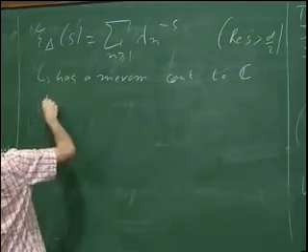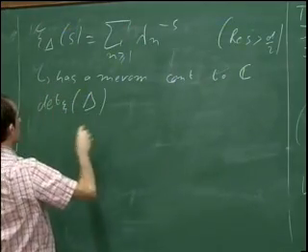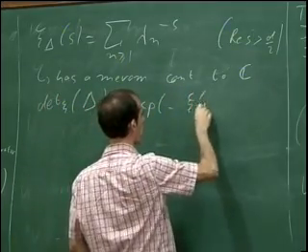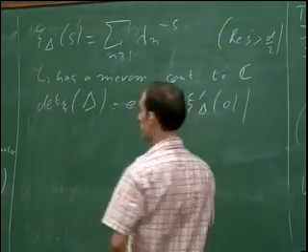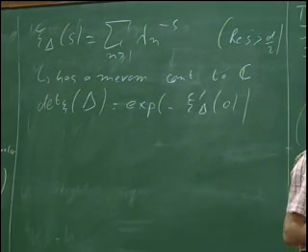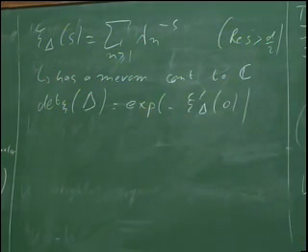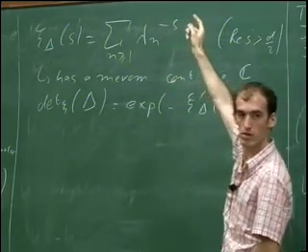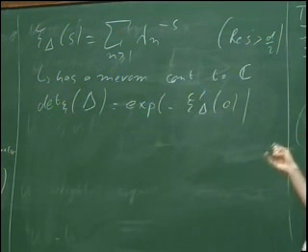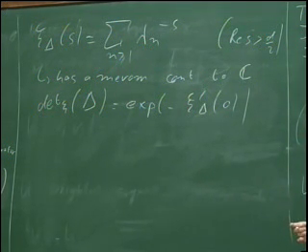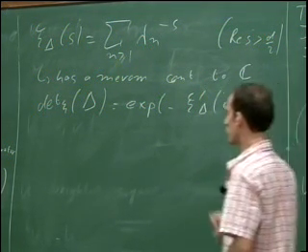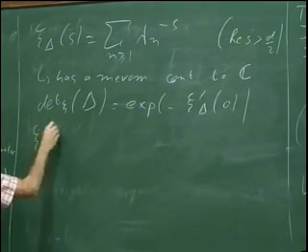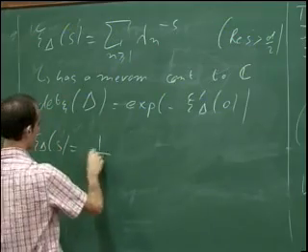Then you define the zeta determinant of your operator in terms of the derivative at 0 of zeta. If this is a finite sum, this is the usual definition, and if it's infinite, this gives you an extension of it. It's not a very helpful way to compute, though.